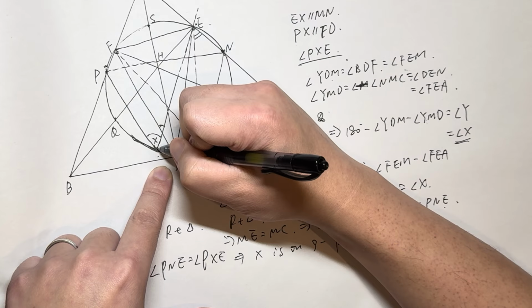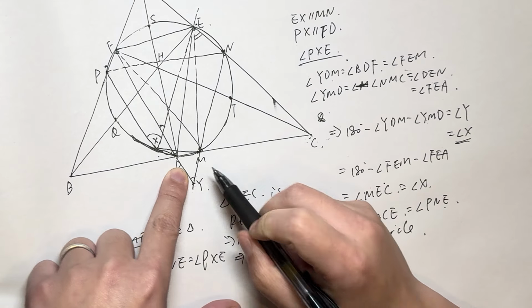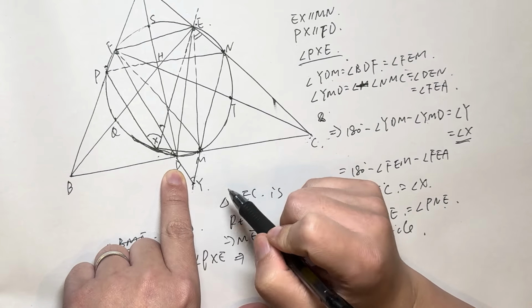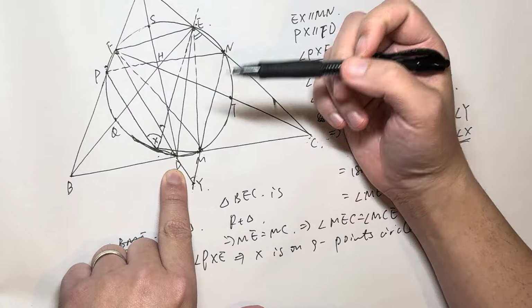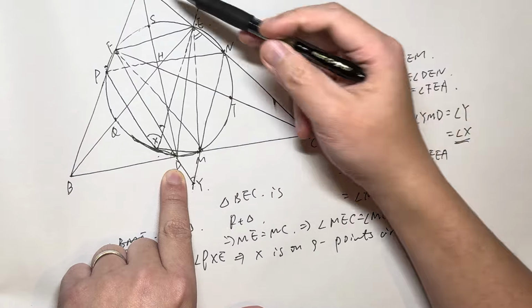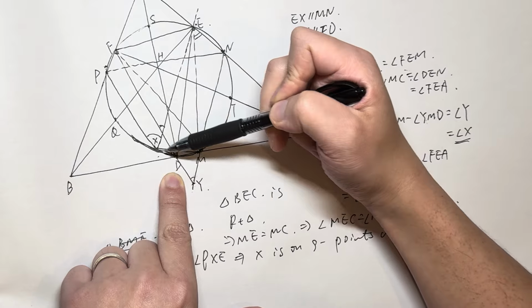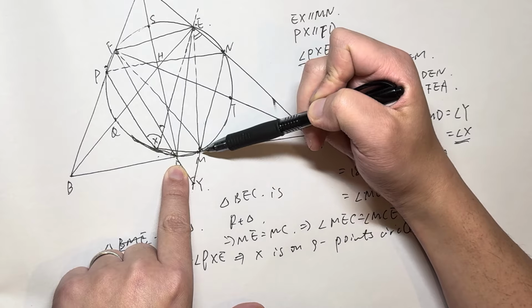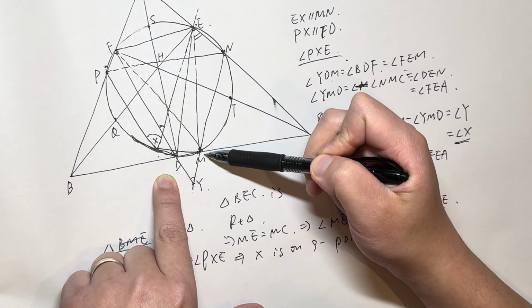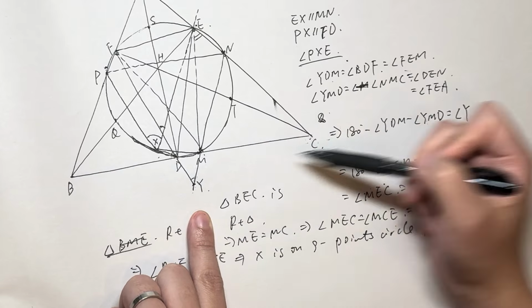Okay, good. Now we just find the triangle formed by the 3 chords cut by the 9-point circle on the 3 sides, right? Which are PF equals XD, EN equals XM, and DM, that's the segment cut by the 9-point circle on BC.